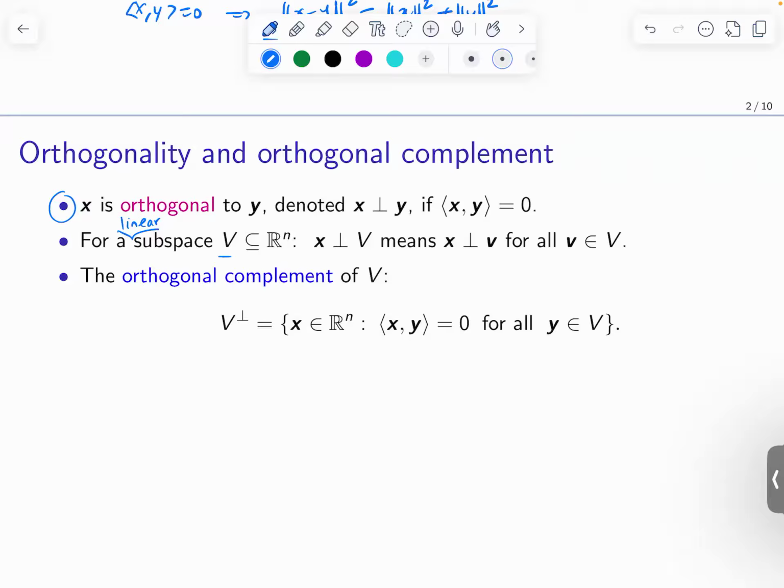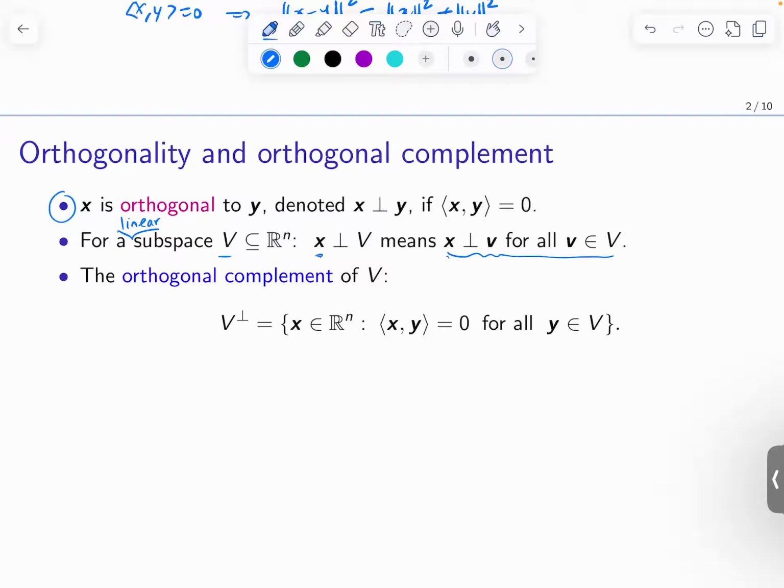So we have a linear subspace V in Rn, and we have another vector x. You say that x is perpendicular to V, or orthogonal to V, if x is perpendicular to every vector in V. So x perpendicular to v for every v in V.